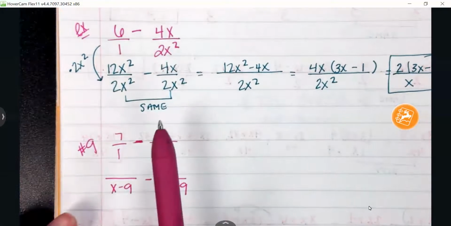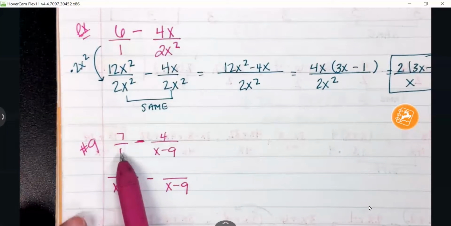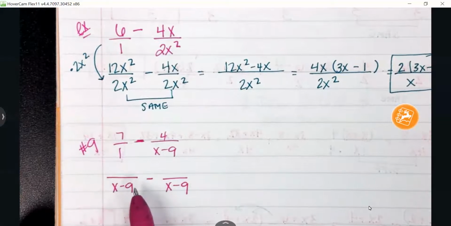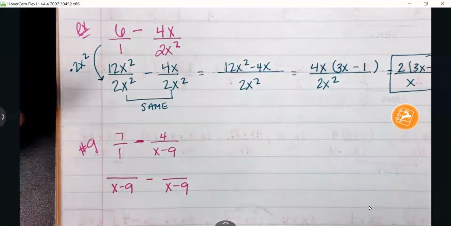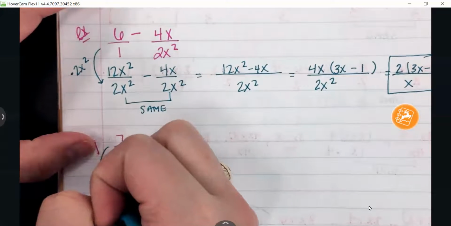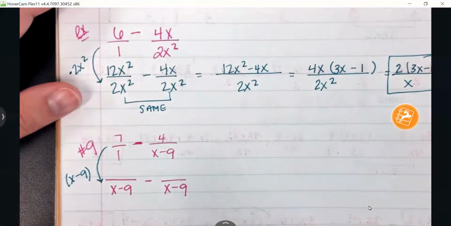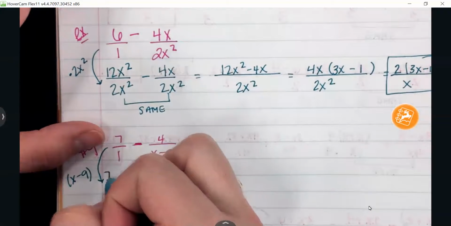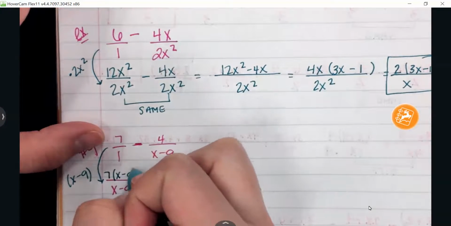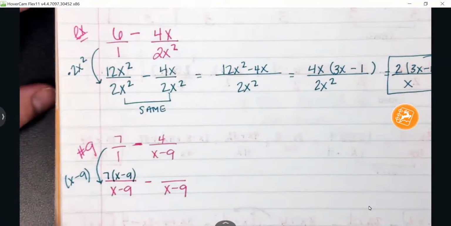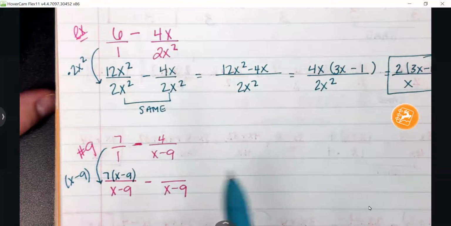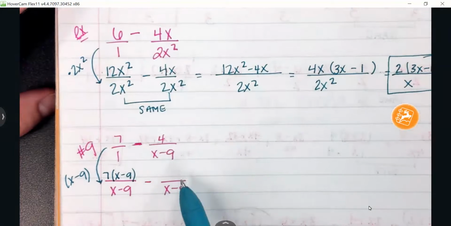Now, how do I get from 1 to x minus 9? You have to multiply by x minus 9. That means this 7 is being multiplied by x minus 9. Does my second fraction change?